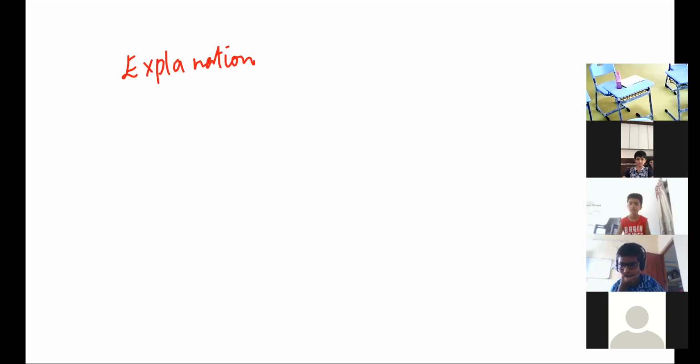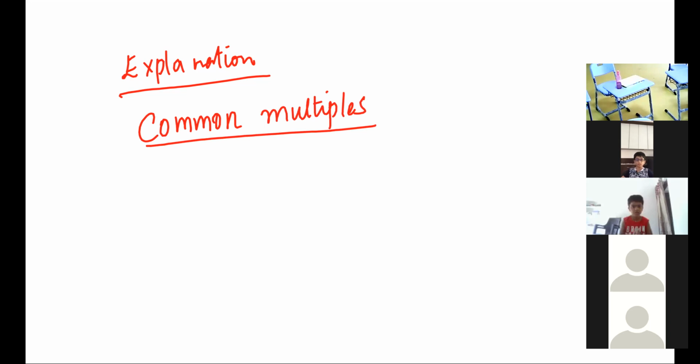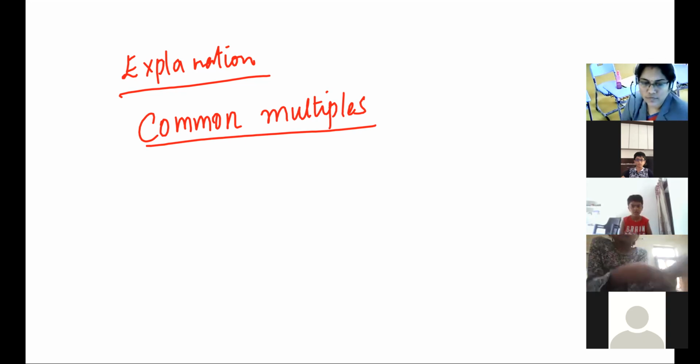Today we are going to discuss common multiples. To find the common multiples, we need to find multiples of more than one number. It's not possible to find common multiples for one number only. We'll just get the multiples of a number.